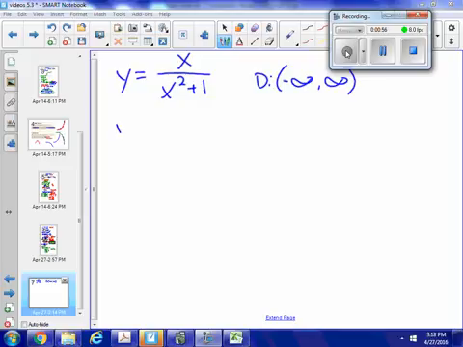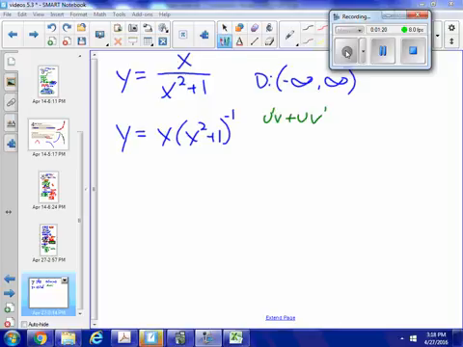So to find the derivative, I'm going to make a little bit of a change here. I'm going to make this x times (x squared plus 1) to the negative 1, because I would just rather work with the product rule than the quotient rule in this case. So u'v plus uv'.